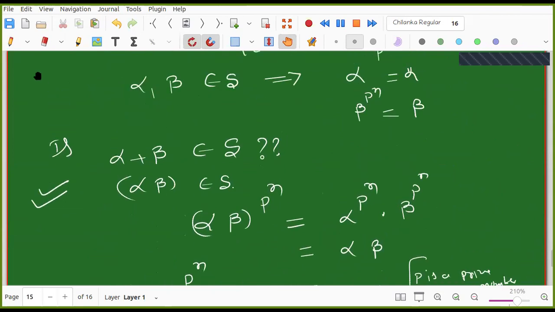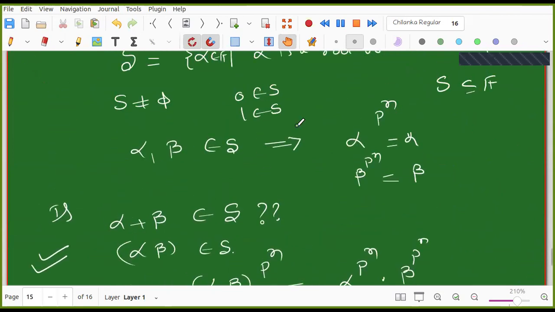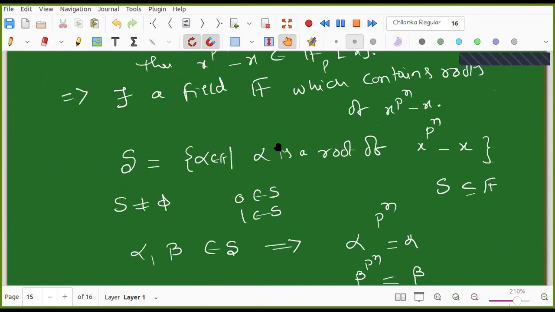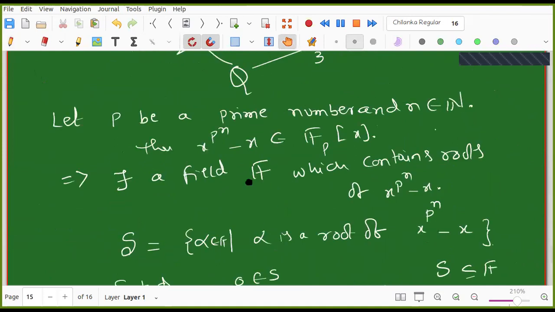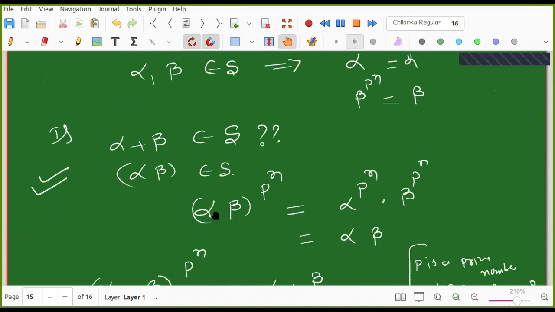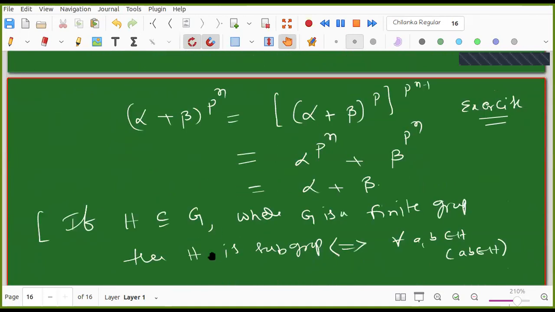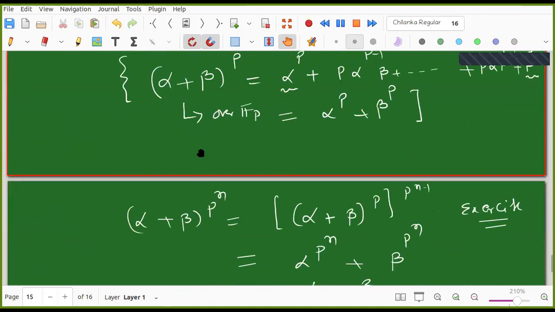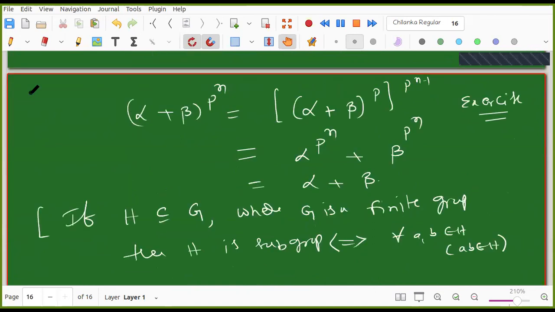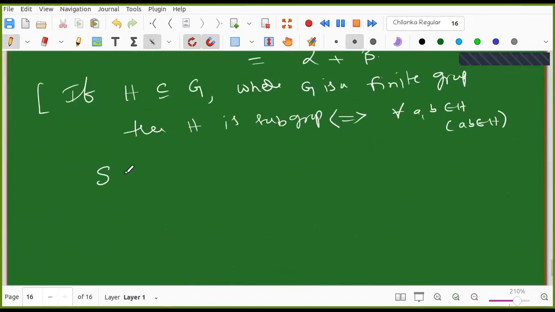Otherwise you can prove the inverse and all that. So now S is a finite field.